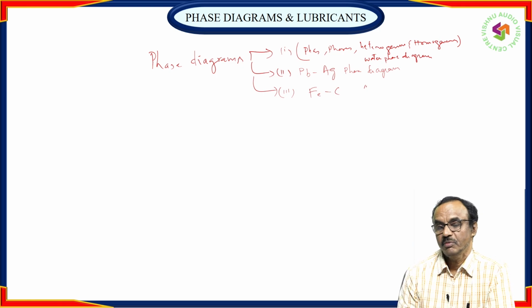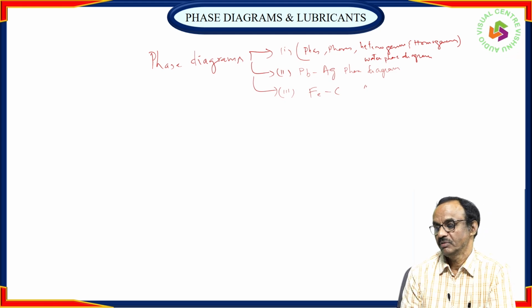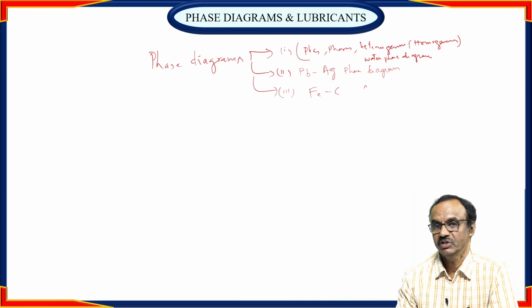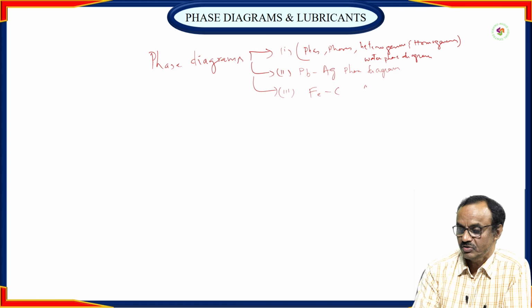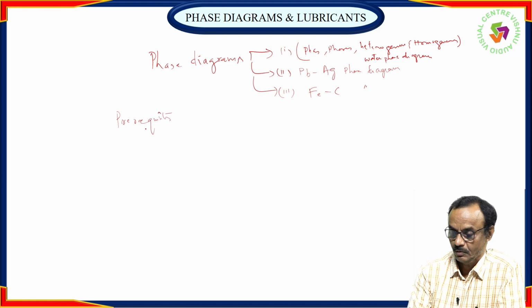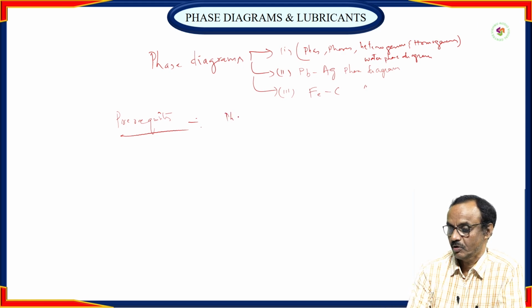Before discussing the water phase diagram, lead silver, and iron carbon, you need to learn some important terminology about phases, heterogeneous system, and homogeneous system. So under prerequisites, let me ask one small question. What is the difference between phase and state?